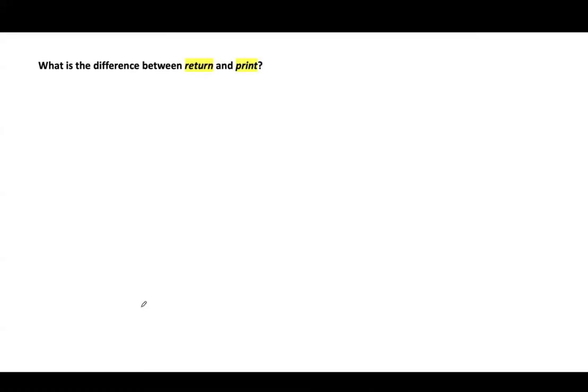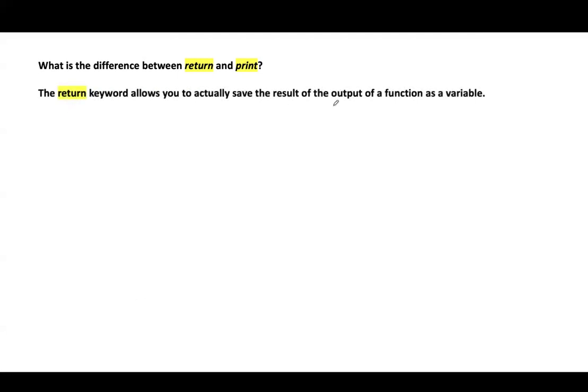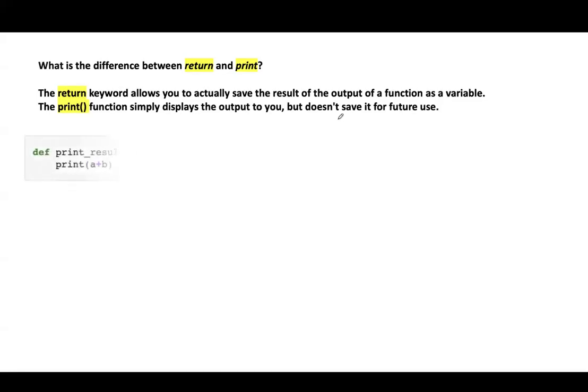A common question is, what's the difference between return and print? The return keyword allows you to actually save the result of the output of a function as a variable. The print function simply displays the output to you, but it doesn't save it for future use.